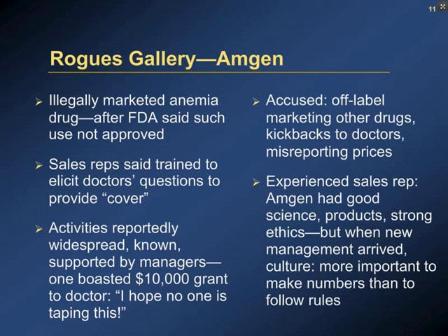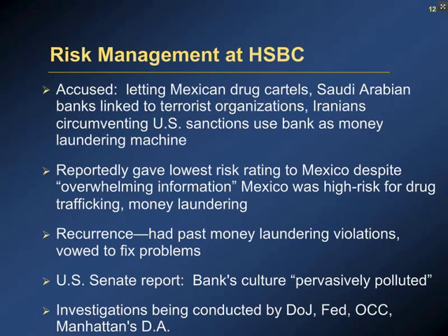HSBC, another example. They are accused of letting Mexican drug cartels, Saudi Arabian banks, Iranians, all use the bank as a money laundering machine. Here's something you'll find fascinating, I'm sure, as I did.